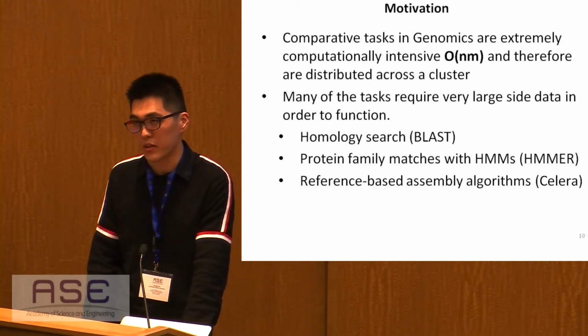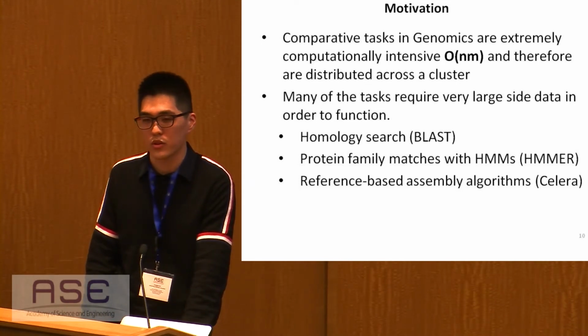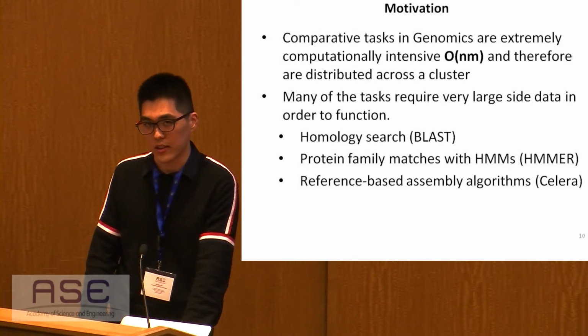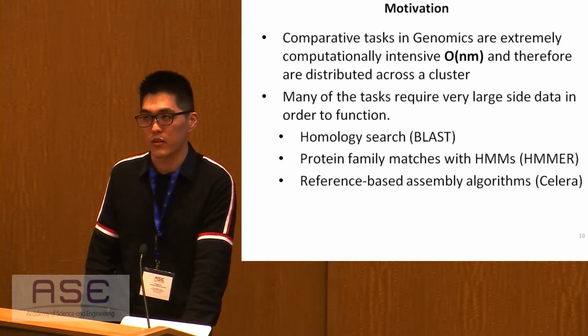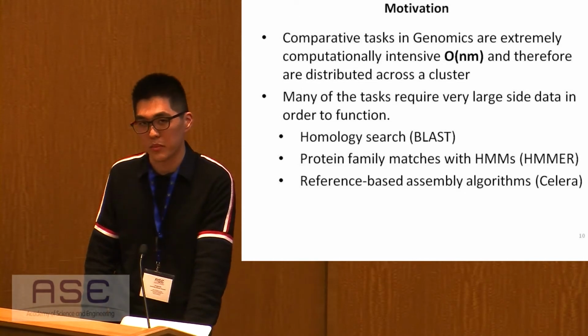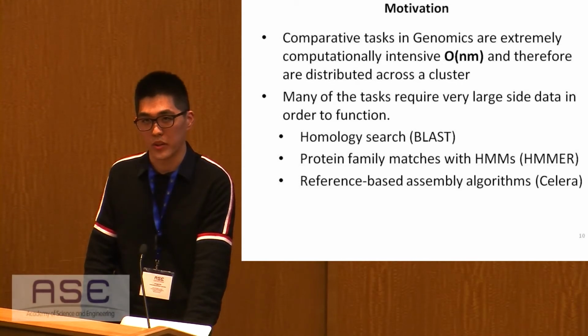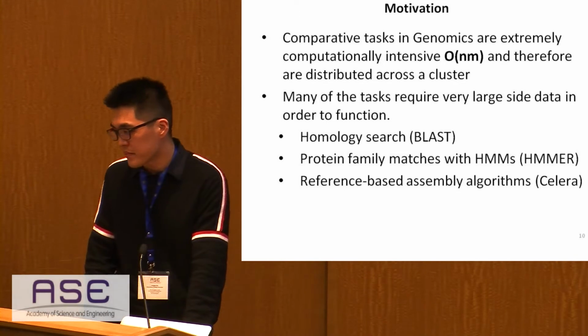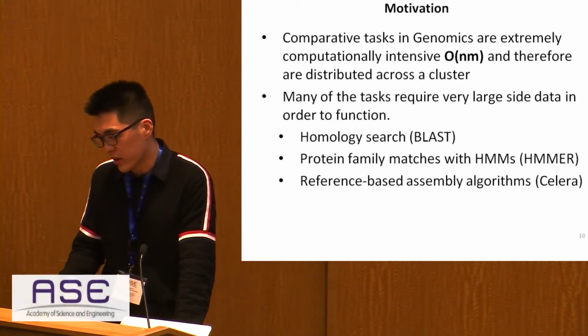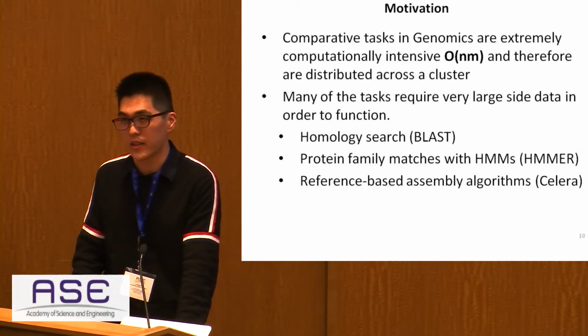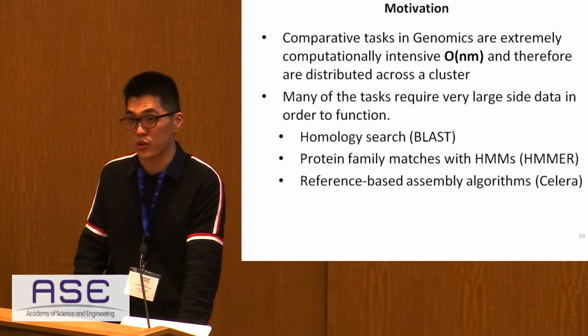And then we also have assembly algorithms, which are ways to take in raw read data and assemble them into longer sequences, which we can then reference again against a known database of genetic information to identify them. So a lot of these big data tasks in genomics have a very similar structure.